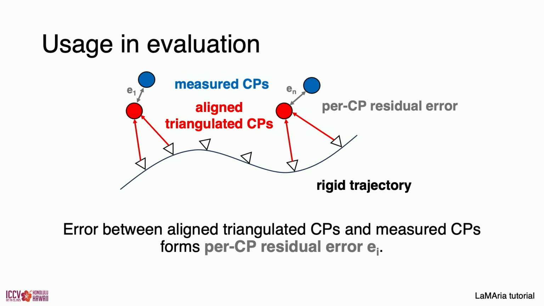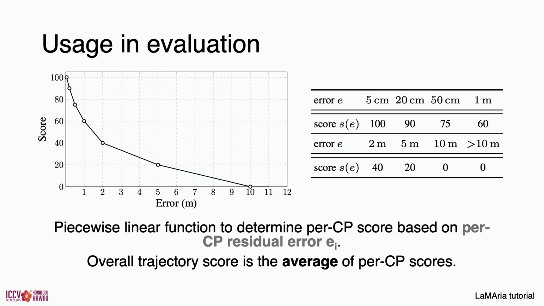This per control point residual error is what builds the evaluation using these control points. Let's say we have a sequence with 5 control points, and you have 5 error vectors.